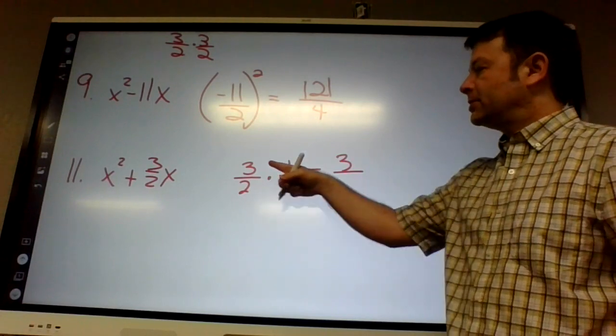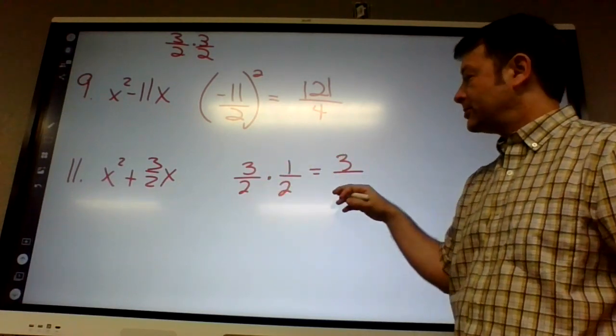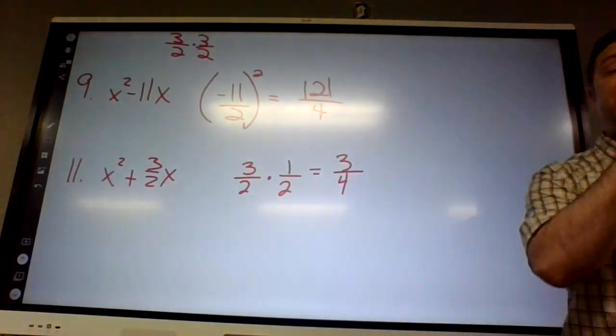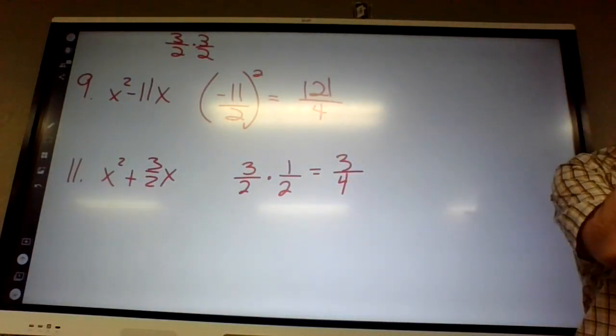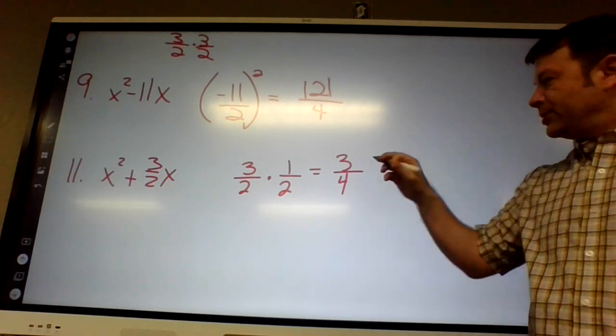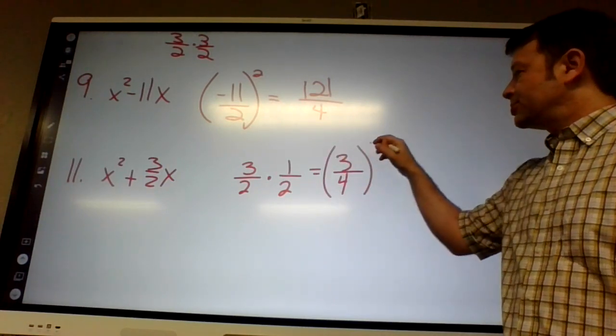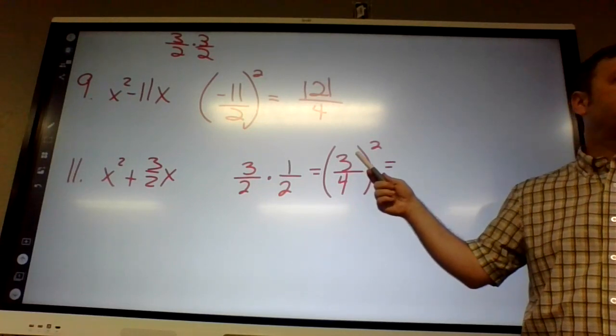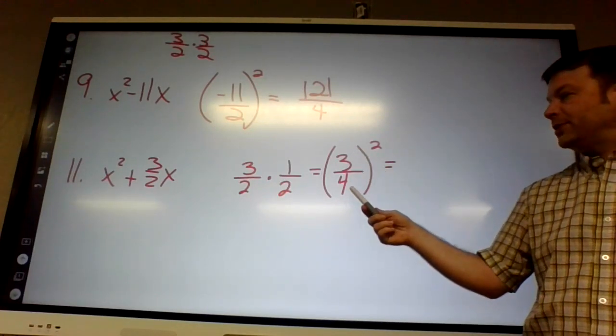No, multiply. You multiply is just top times top, bottom times bottom. It's when you add or subtract that you do not change the denominator. So we need to do 3/4 squared. So what's 3 squared? And 4 squared.